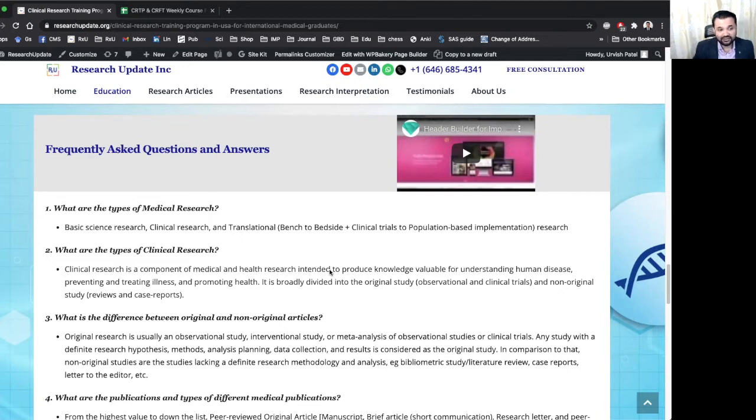Compared to that, other types of medical research cover basic science research, which is a kind of laboratory research, and translational research, which is a kind of mixture of bench to bedside plus clinical trial to population-based implementation research.